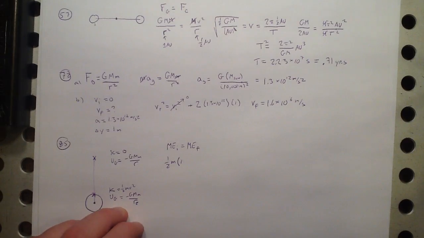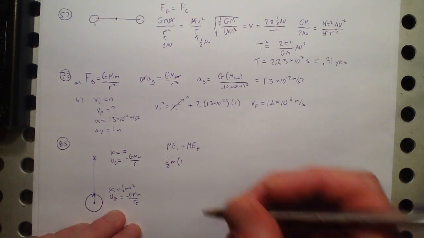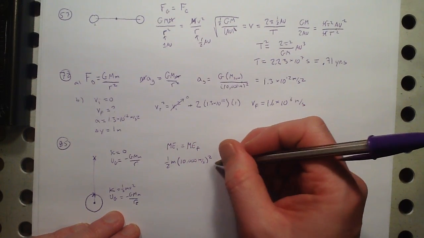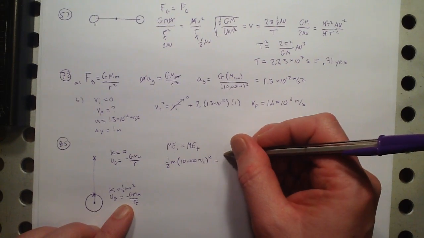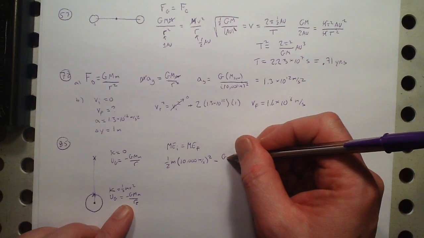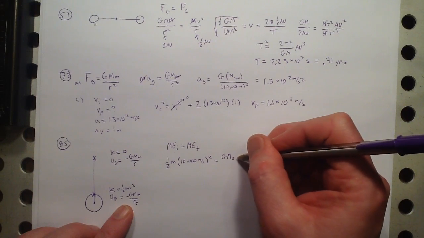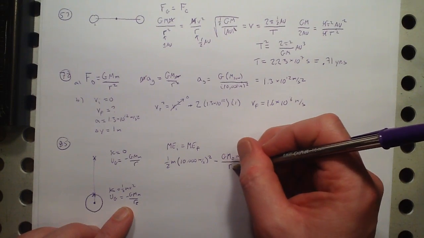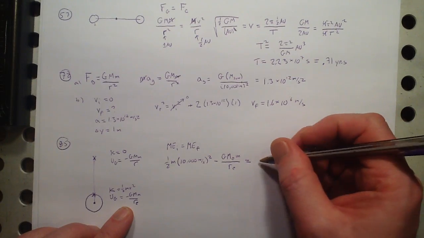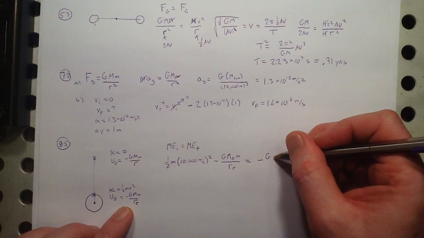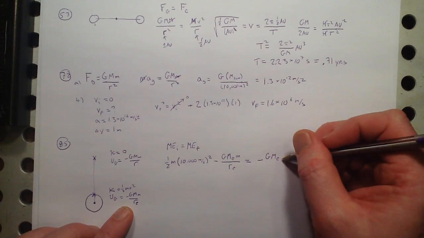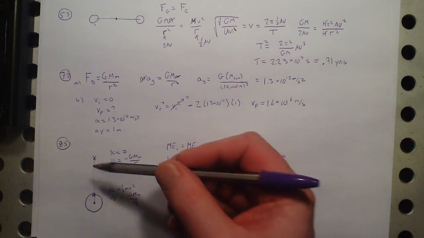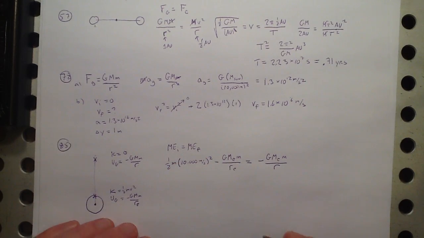How fast was it going? 10 kilometers per second, so 10,000 meters per second squared, minus G, the big M is the mass of the Earth, times little m over the radius of the Earth, equals negative G mass of the Earth, little m over the r that I'm looking for, well, almost the r that I'm looking for before I subtract the Earth radius out.